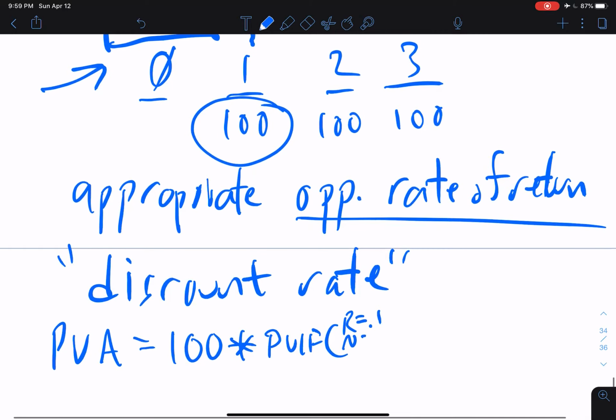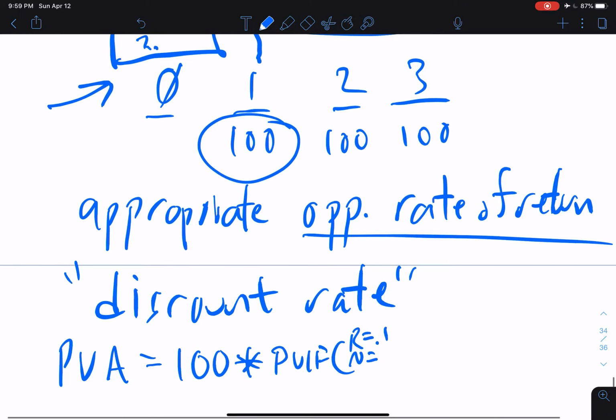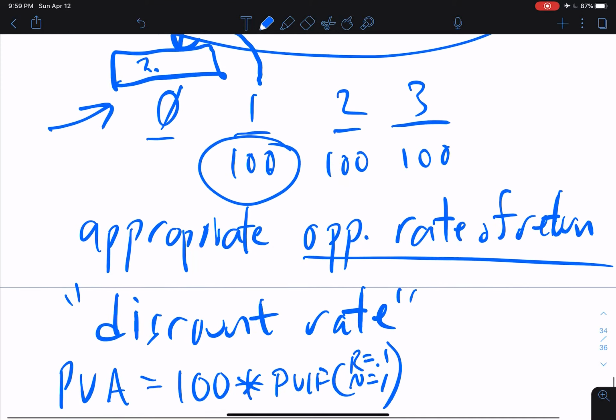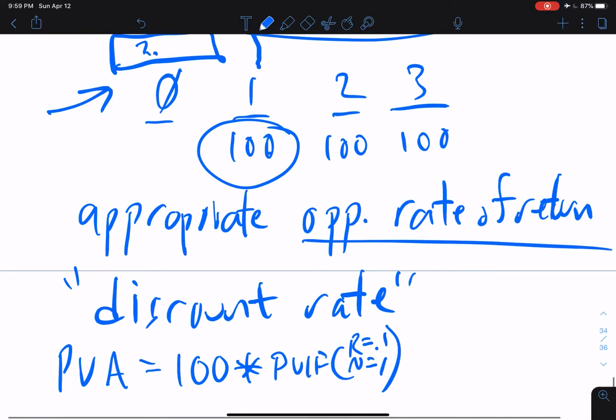And N, well, N for a PVIF means the number of periods you're moving back in time, so the N here is just 1. Okay, that's going to give us the value of this $100, but this annuity has 3 cash flows, so what about this one?